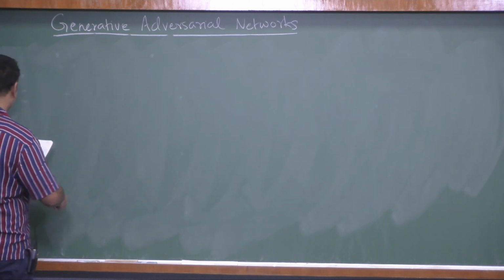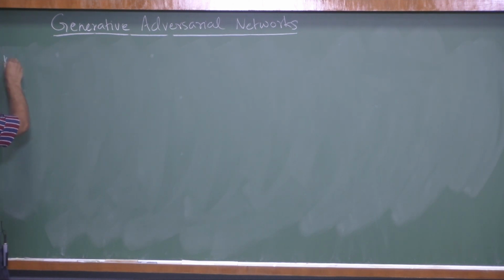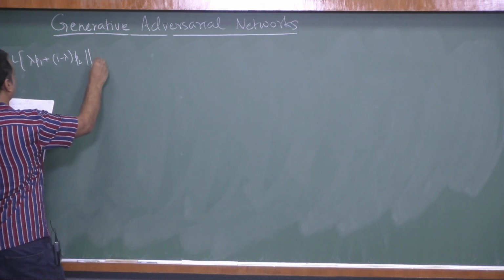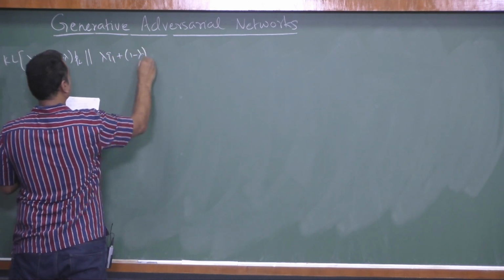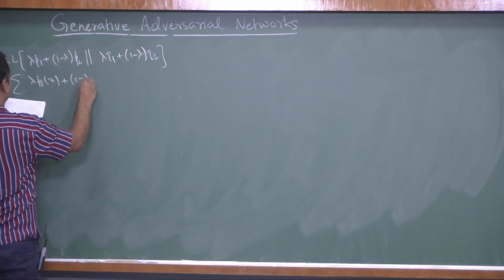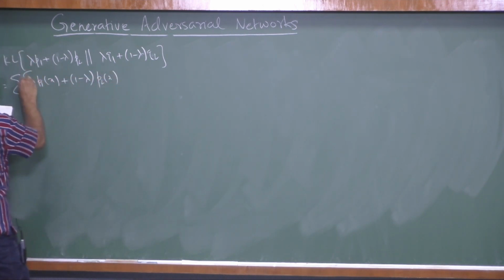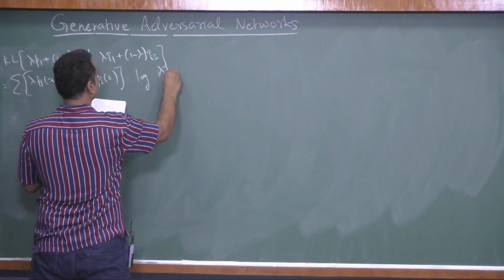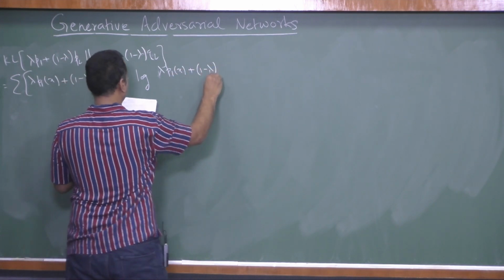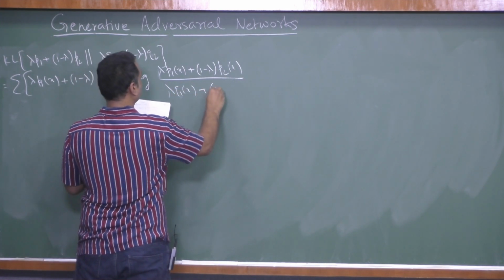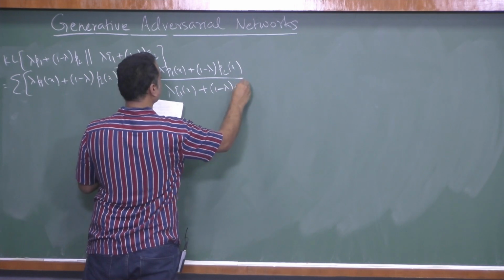Hence we have KL of lambda P1 plus 1 minus lambda P2, and lambda Q1 plus 1 minus lambda Q2, is equal to the sum of lambda P1x plus 1 minus lambda P2x, and then log of lambda P1x plus 1 minus lambda P2x divided by lambda Q1x plus 1 minus lambda Q2x.